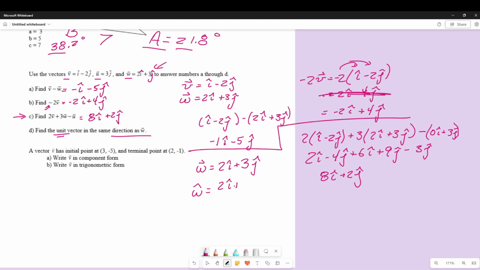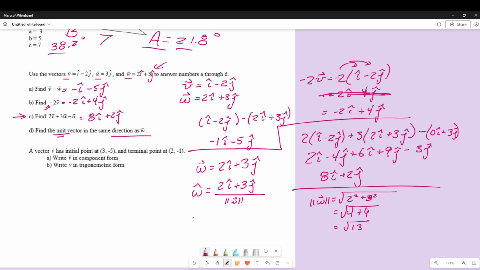We do that by taking our vector and dividing out its own magnitude to bring its size down to 1. So we need the magnitude of W, so it's going to be the square root of 2 squared plus 3 squared, which will be 9. So 4 plus 9's square root, or the square root of 13.